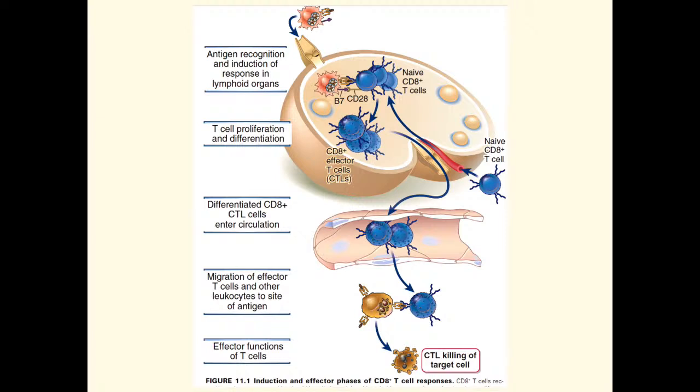This is called clonal expansion, so many antigen specific CD8 T cells are produced in order to timely avoid microbial or viral dissemination. Those T cells will go into the specific inflammatory or virus-containing areas, and they will do their function to kill the target cells.